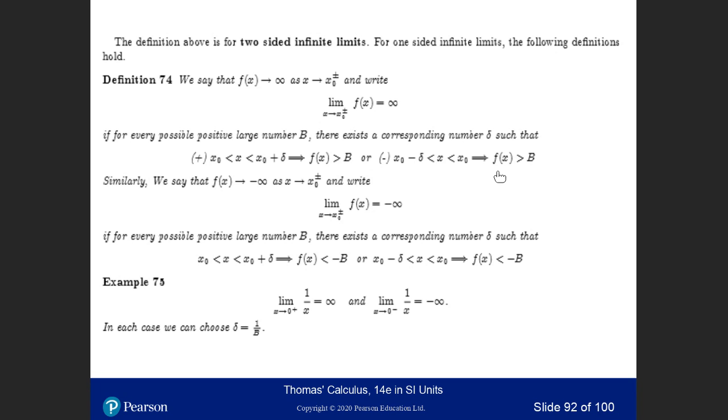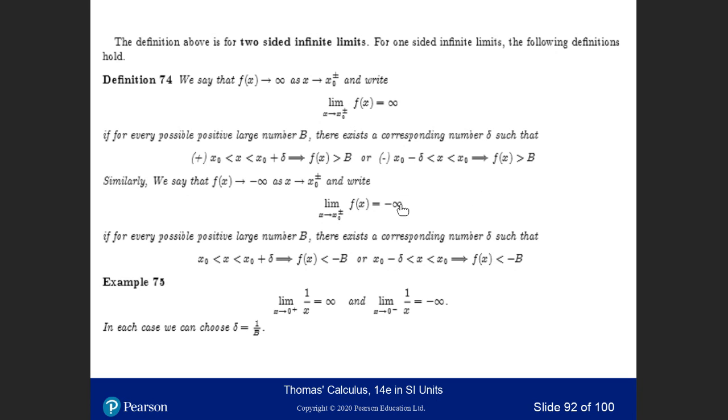That's for positive infinity. Now for negative infinity, we write this. x approaches x of 0 either from the right-hand side or from the left-hand side.